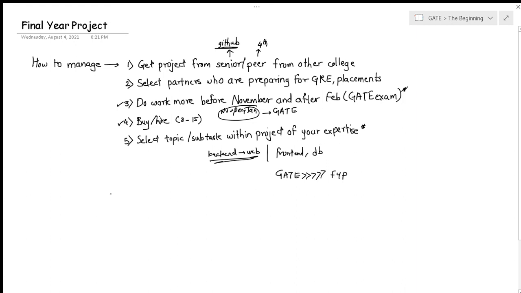Okay. But what happened is that my partner, Priyanka, had done most of the things during the initial phases of the project, so that I didn't have to look into the project very much.